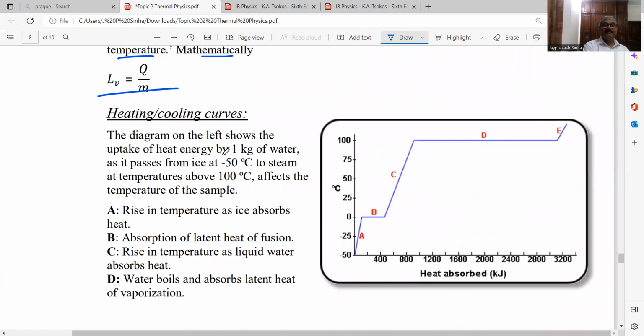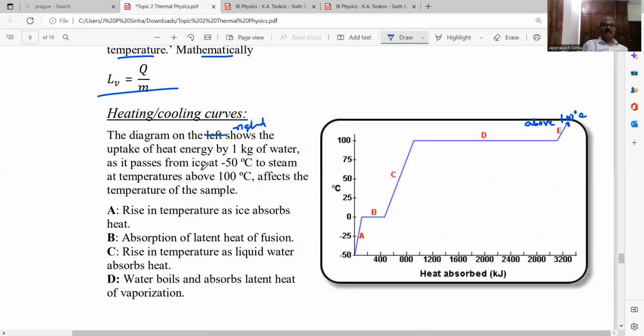The diagram on the right shows the uptake of heat energy by 1 kg of water as it passes from ice at -50 degrees Celsius to steam at above 100 degrees Celsius.